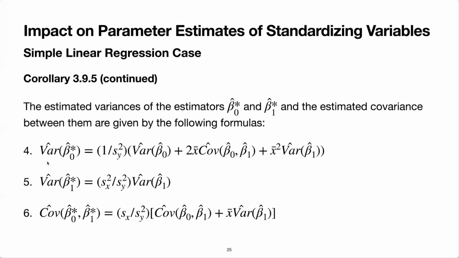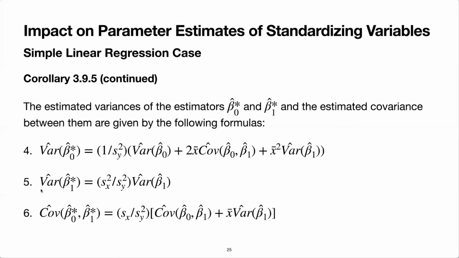The estimated variance of beta 0 star hat is equal to 1 over the sample variance of the y values times the entire quantity here in parentheses: the estimated variance of beta 0 hat plus 2 times x bar times the estimated covariance of beta 0 hat and beta 1 hat plus the square of x bar times the estimated variance of beta 1 hat.